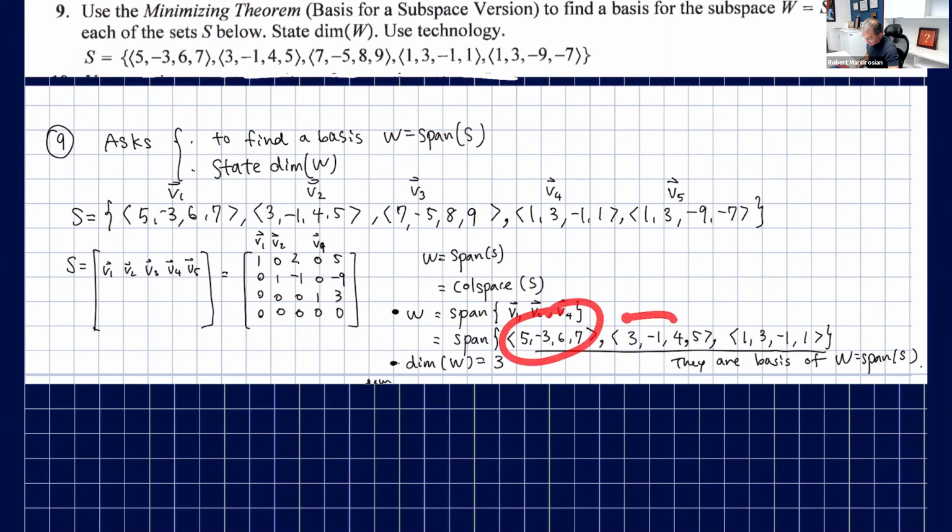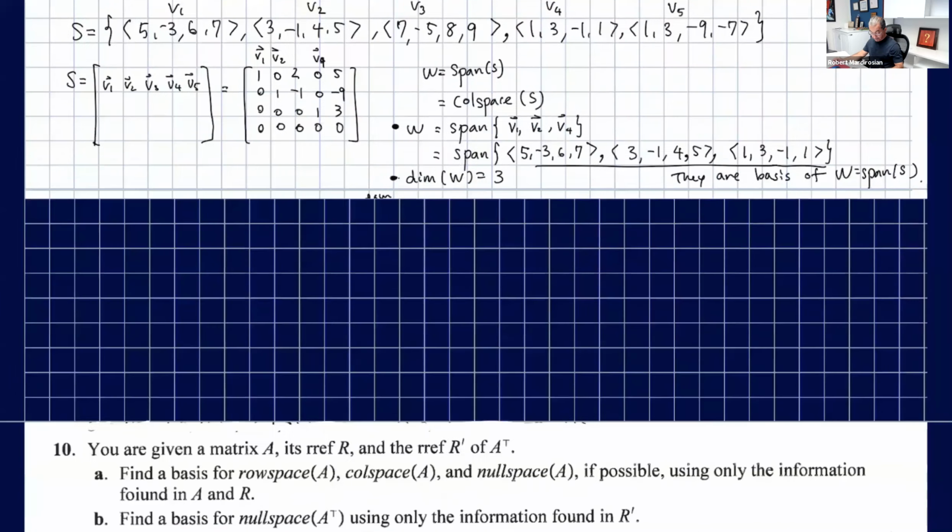So the corresponding vectors are going to be linearly independent, and they can form a basis. The dimension of a basis is the number of vectors in the basis, and it's 3. I have a recording on this in detail, the basis and dimension. Please watch that and you'll see.